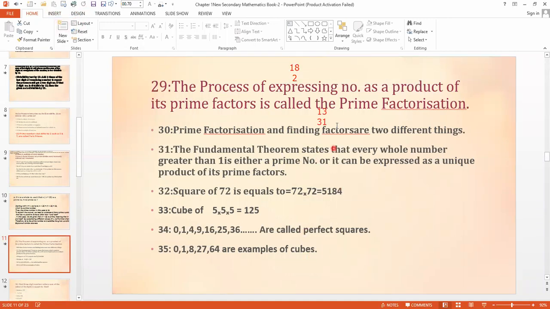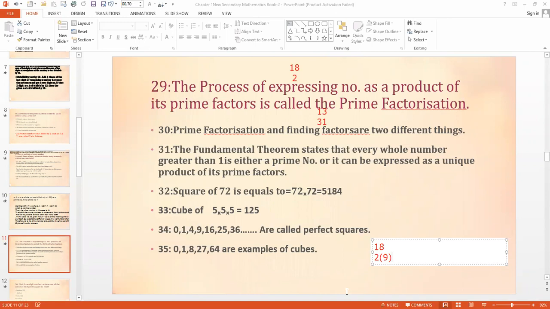Look here, I have to write it for you. Suppose 18 is given to you. Now tell me, other than 1, in which table will 18 come? 2 multiplied by 9 is equal to 18.